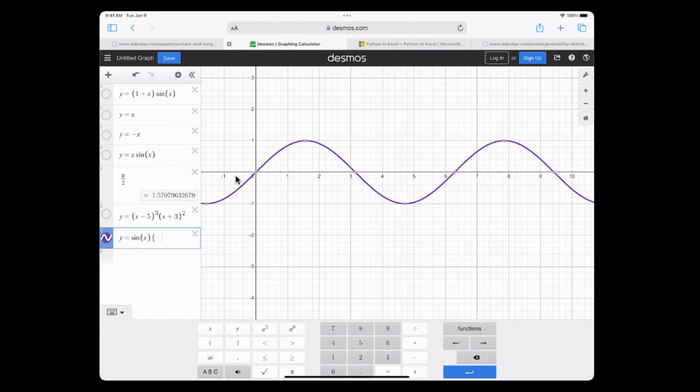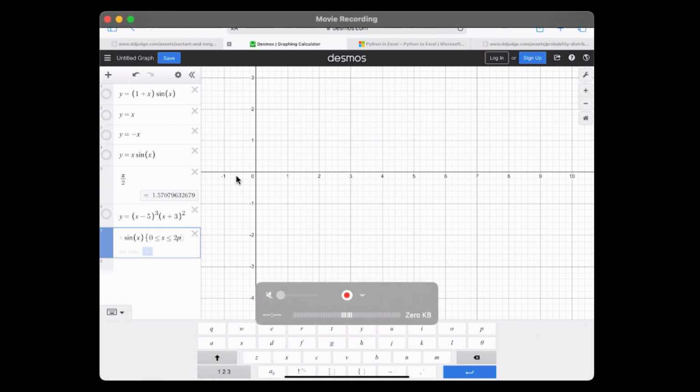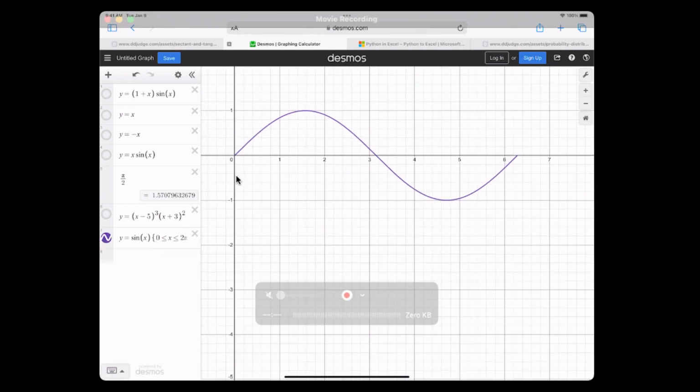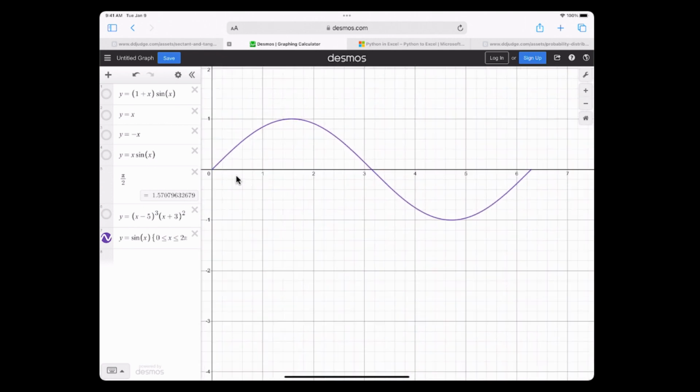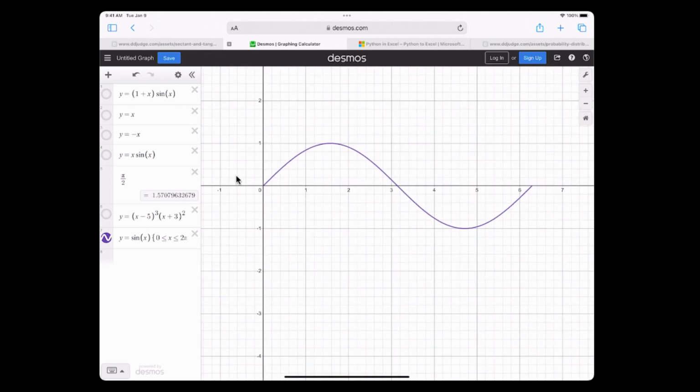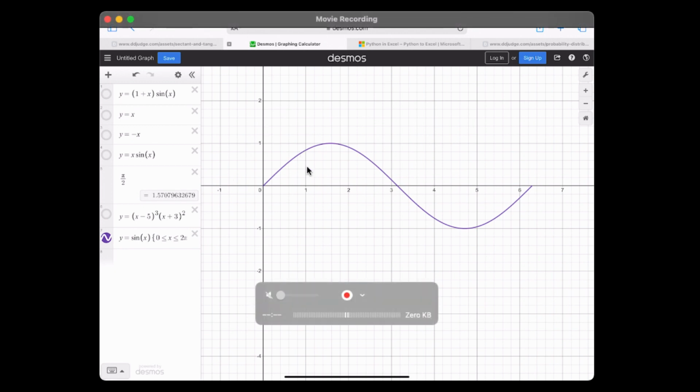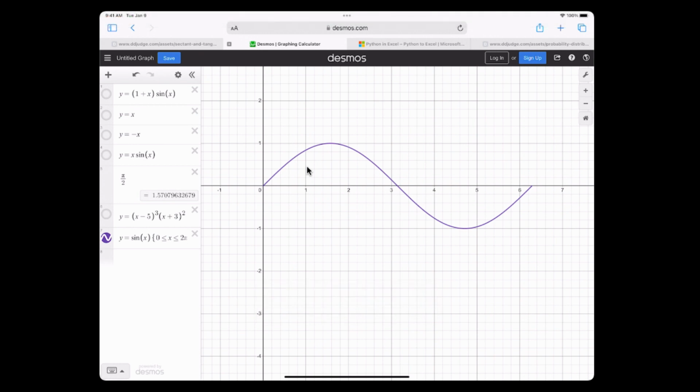There we go. 0 less than or equal to x, less than or equal to 2 pi. I think I have to spell out pi. So there we go. There's a nice picture of what? Sine, if you will. Okay? And I'm going to try to sneak this picture in if I can.